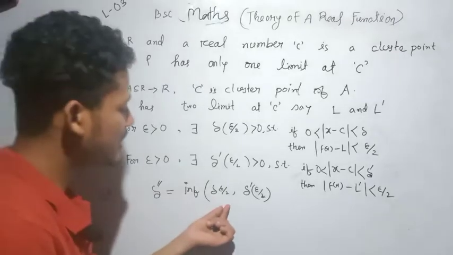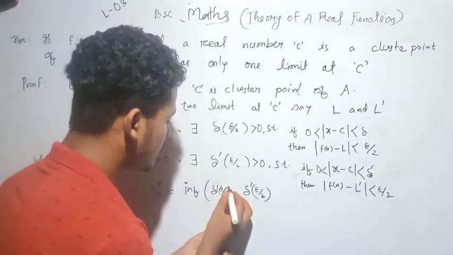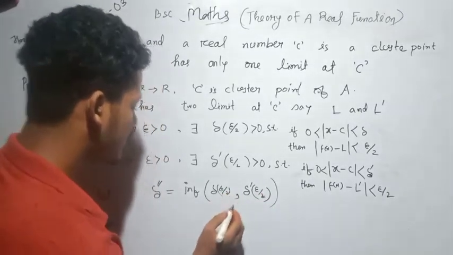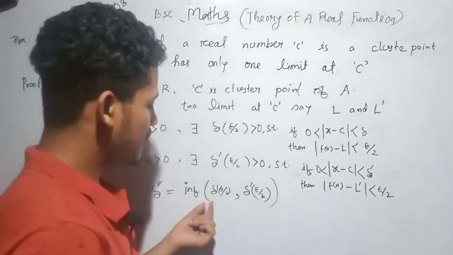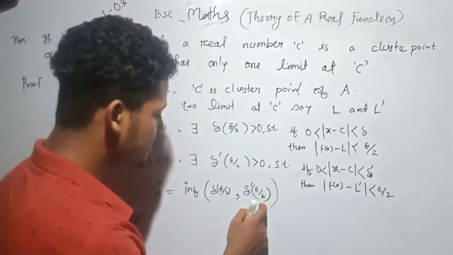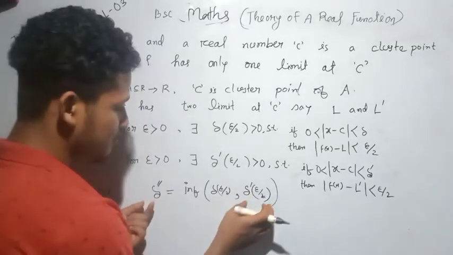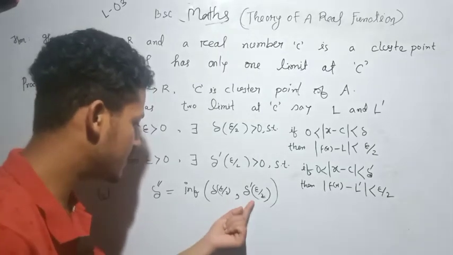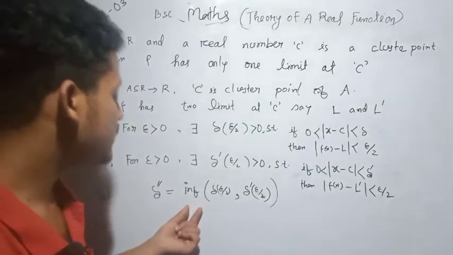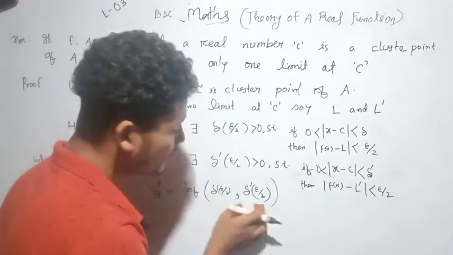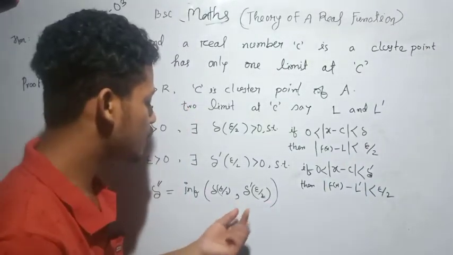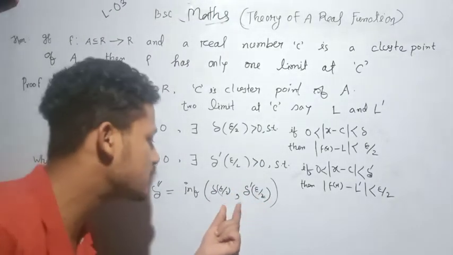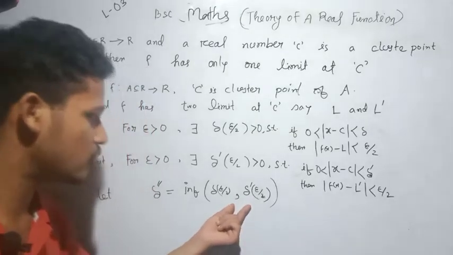What is the infimum of delta of epsilon by 2 and delta dash of epsilon by 2? Infimum means whichever is smaller. If delta dash is smaller, we will take delta double dash equal to delta dash. Infimum of these means which one of these two quantities is smaller.